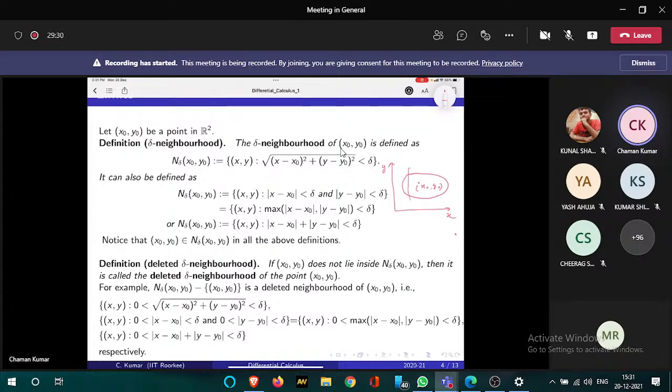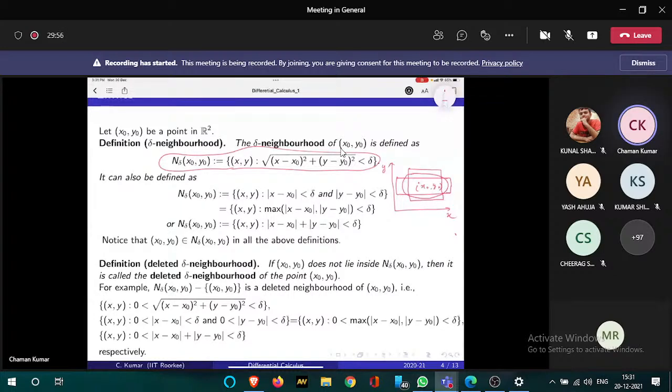I can have a neighborhood using the shape of a square. I can have a neighborhood using the shape of a rectangle, right? So all these are neighborhoods. Okay, so this neighborhood is not unique. This is one way to define the delta neighborhood.